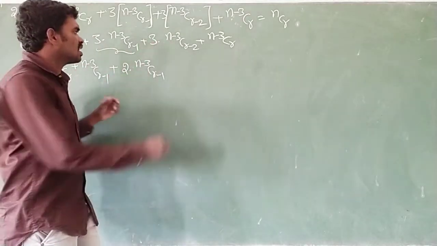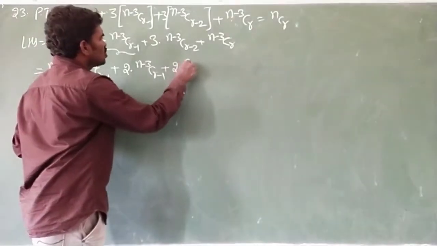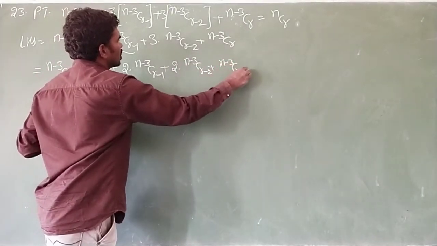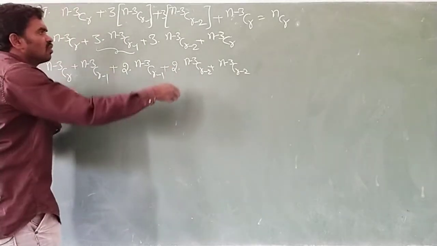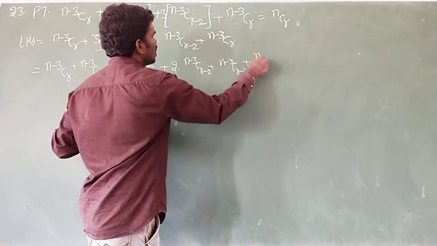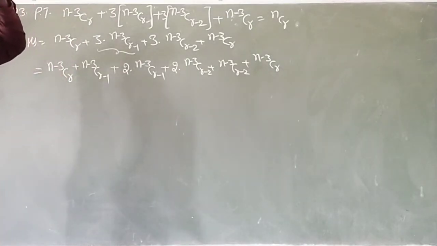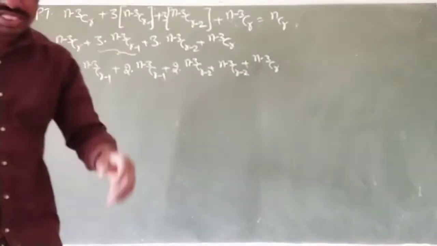Similarly, 2 into n minus 3 Cr minus 2 plus 1 into n minus 3 Cr minus 2, 2 terms and 1 term. And plus n minus 3 Cr as it is written.